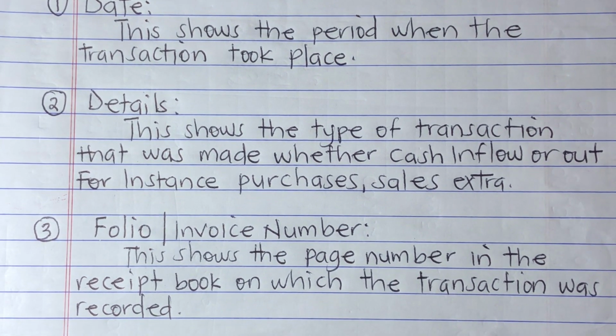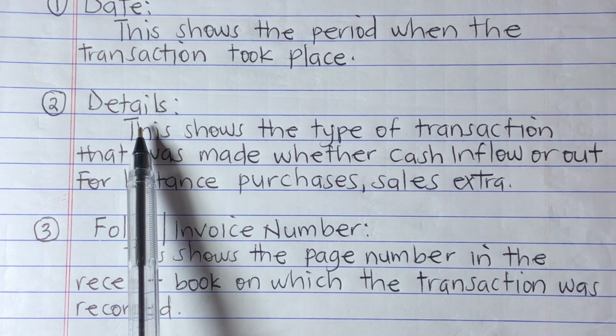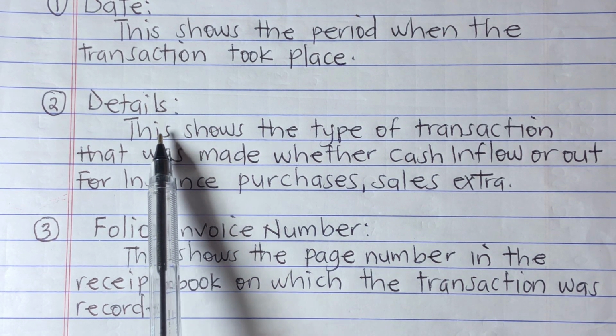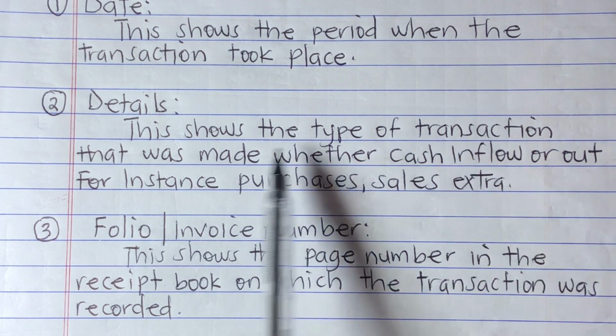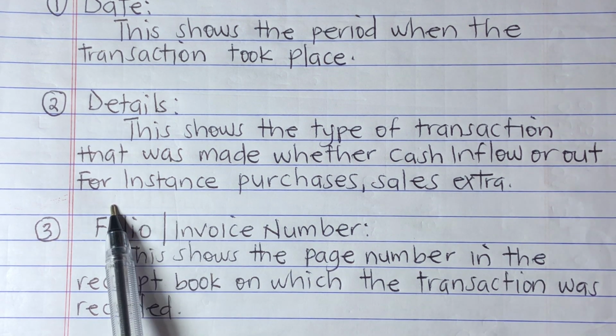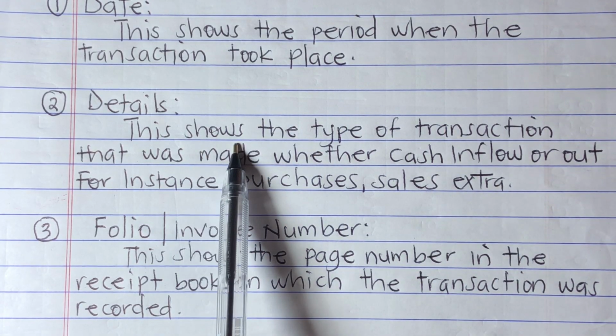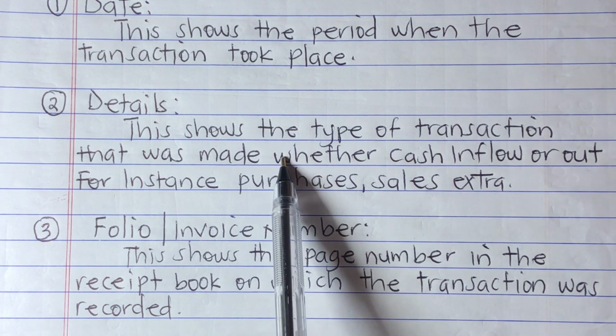Then we have what we call details. We also write it as particulars. It shows the type of transaction which was made, whether cash inflow or cash outflow, for instance purchases, sales, etc. So the details records the particulars of the account.